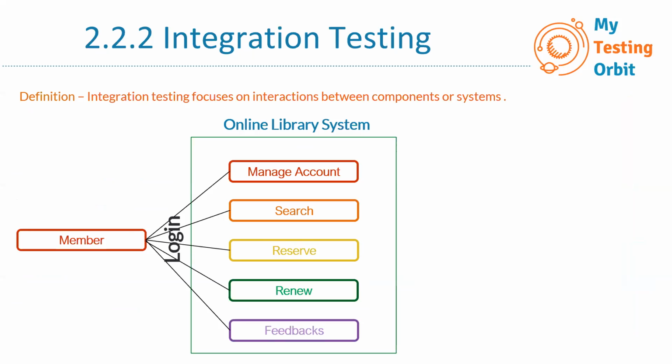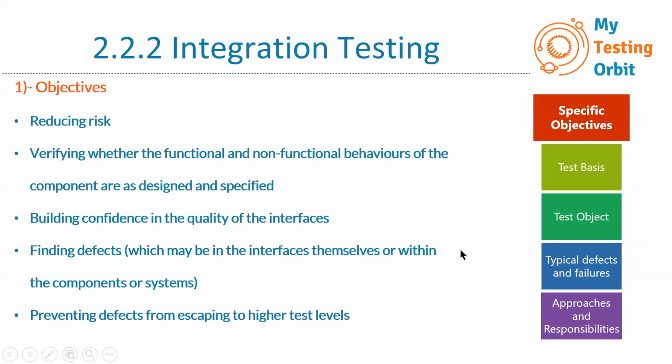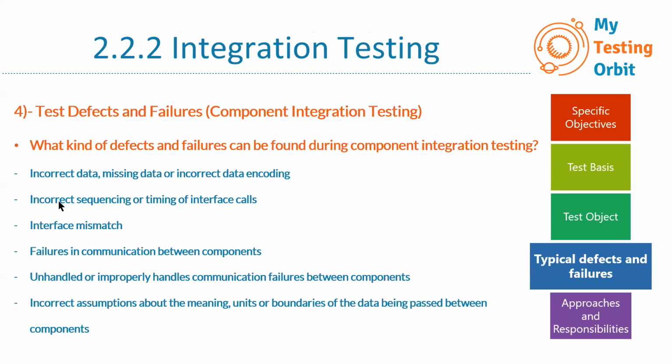So there is a sequence in which the interface calls different components. We can't just access the system and try to reserve the book, because first of all we need to log in. If there is any such issue, that will be covered under incorrect sequencing or timing of interface calls.